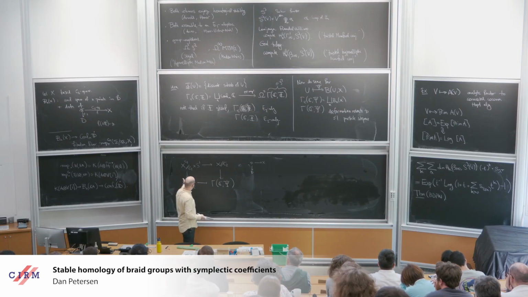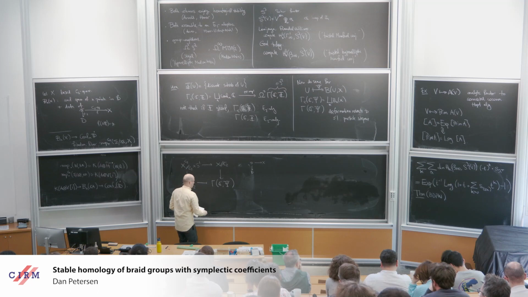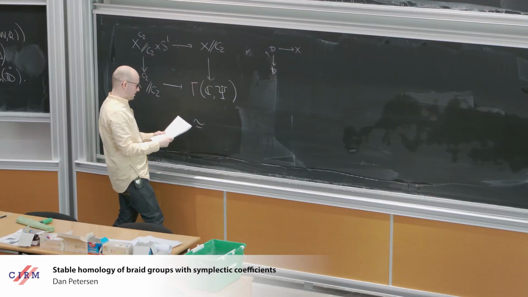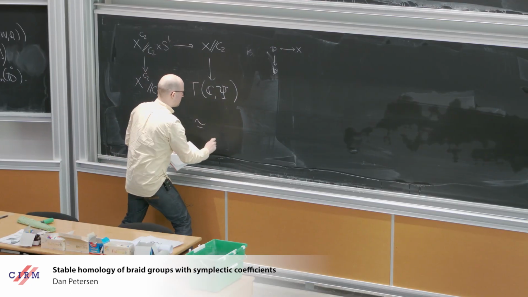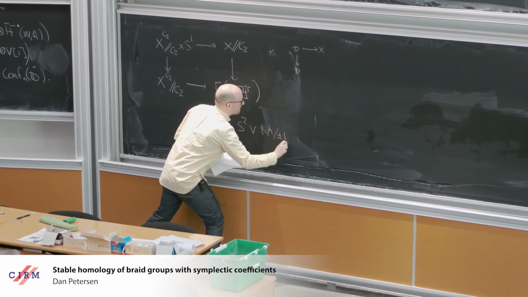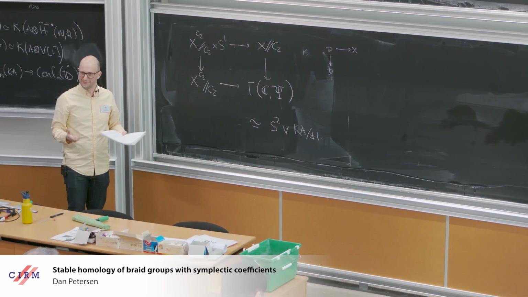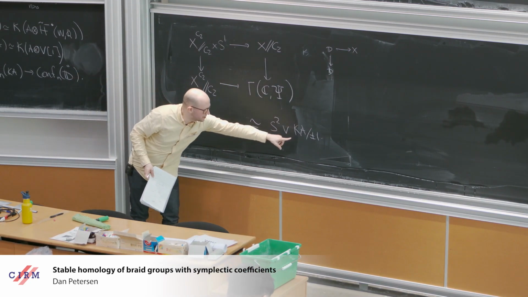And now, here I have this very concrete homotopy push-out diagram. I take X to be this Eilenberg-MacLane space. And when it's an Eilenberg-MacLane space, I'm going to see that this space becomes something quite simple when I invert the prime 2. I get S2 wedge this algebra.